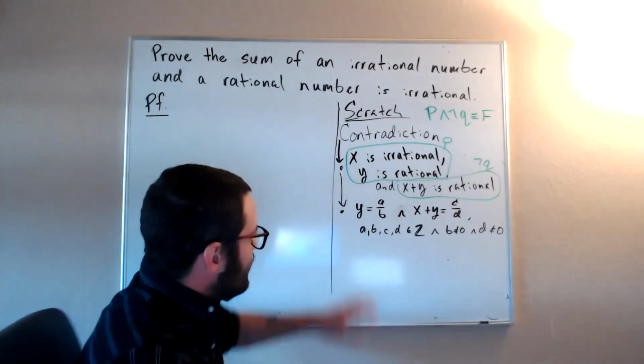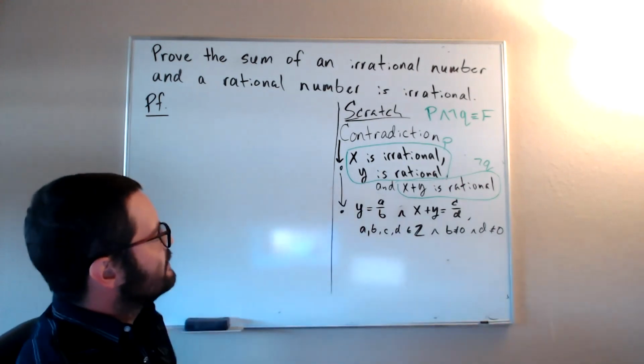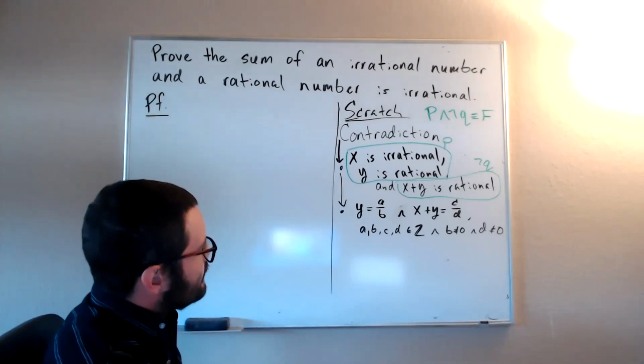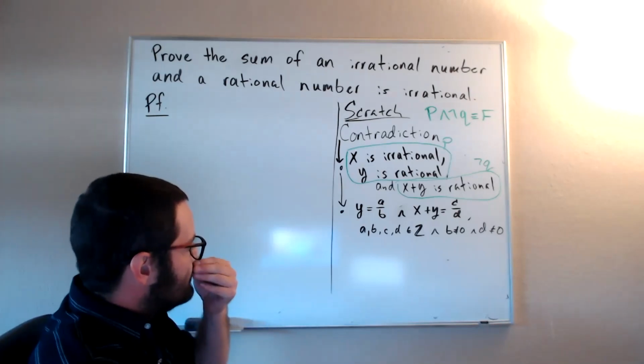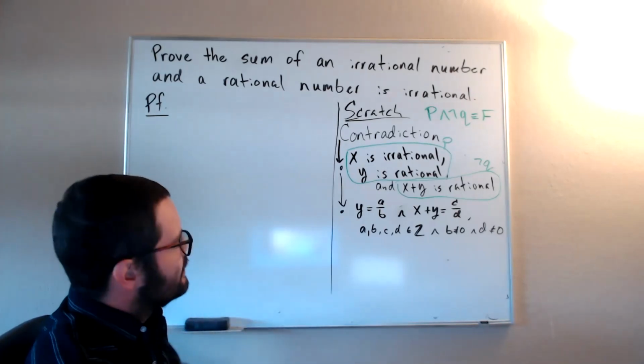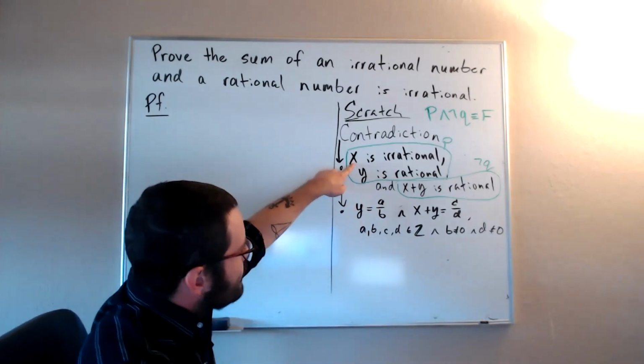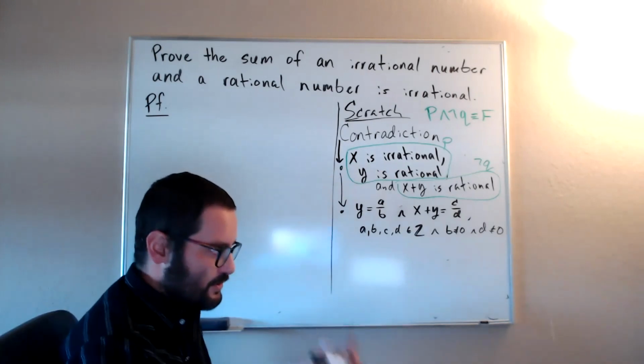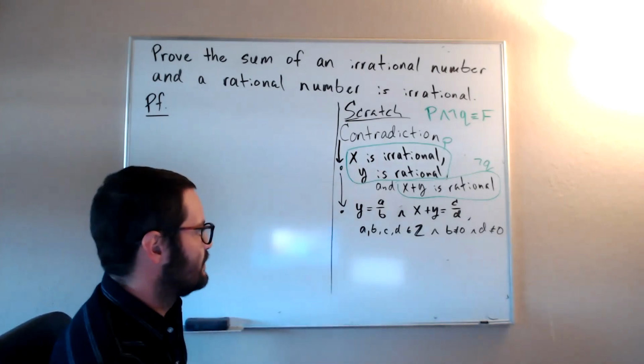So now that we've used the definition here, we need to get to the contradiction, the false implication that's going to occur. And typically with irrational proofs, you're going to get that something is irrational and then show that it's also rational, which both those things can't happen, and there's your contradiction.